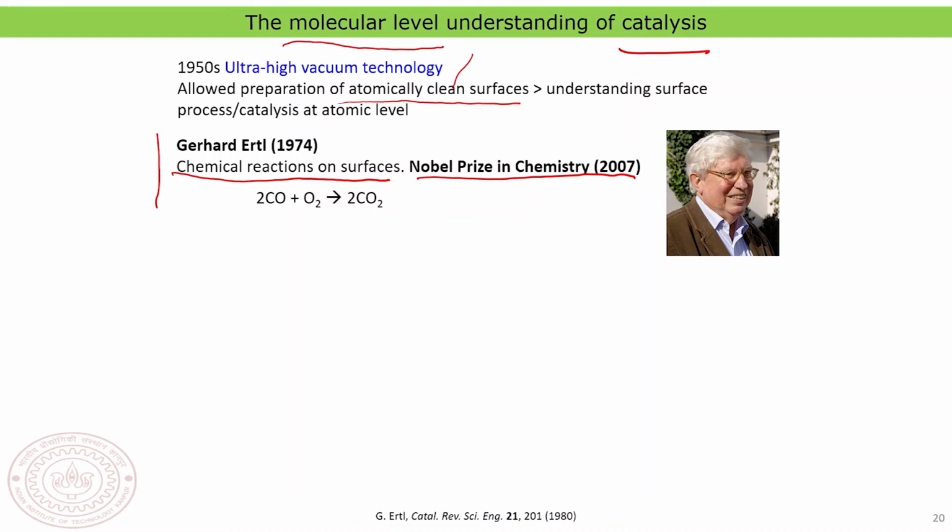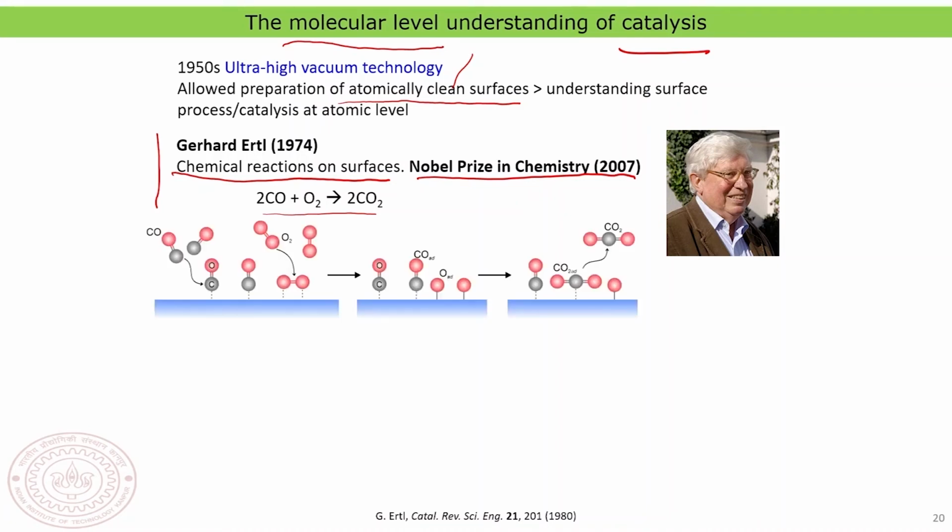As we have already discussed, this is a nearly impossible reaction in the gas phase because of the high energy cost of breaking carbon monoxide and oxygen. But we already know that on different surfaces, we can do this chemical reaction with greater ease or with less energy cost.